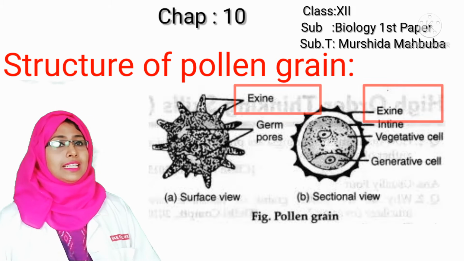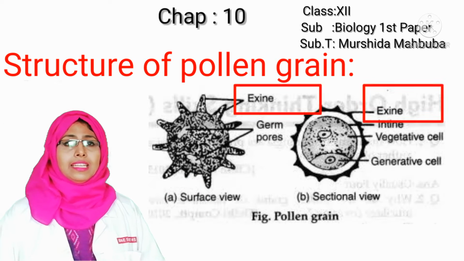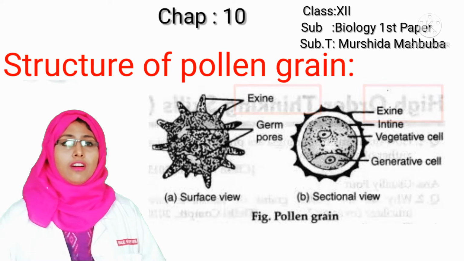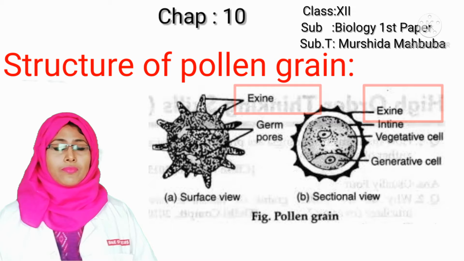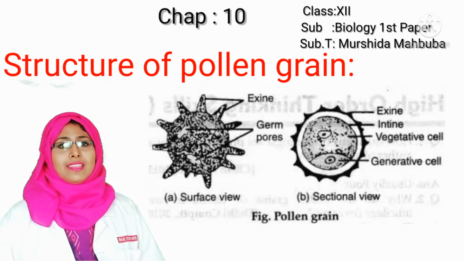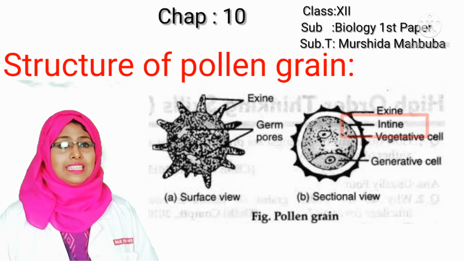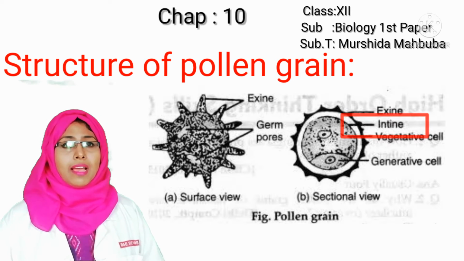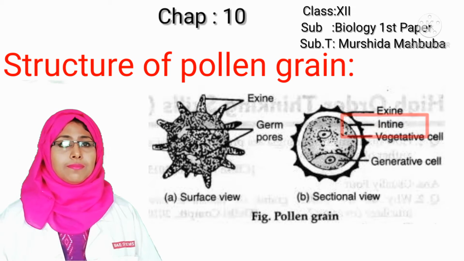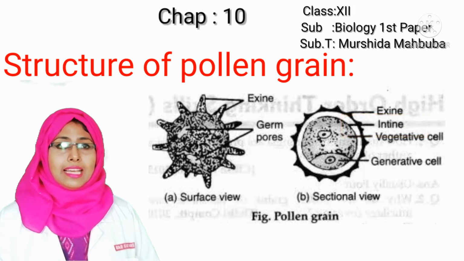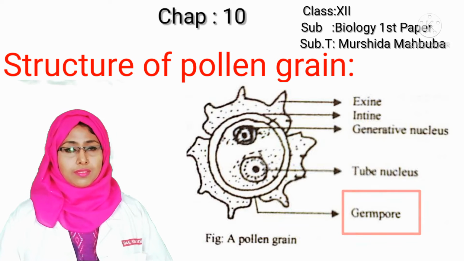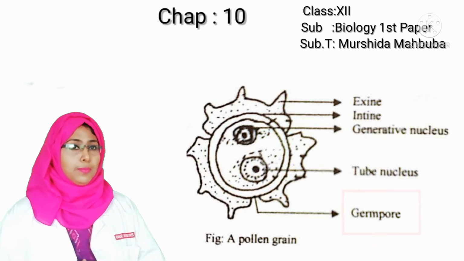The outer layer is called the exine, and it is tough, resistant, thick and made up of sporopollenin. The exine is often elaborately sculptured. The inner layer is called intine. It is thin and made primarily of cellulose. The intine lies just below the exine. The exine does not develop over certain regions that define the germ pore.